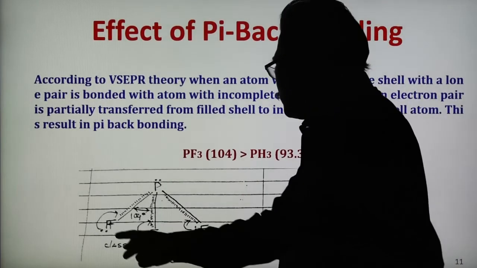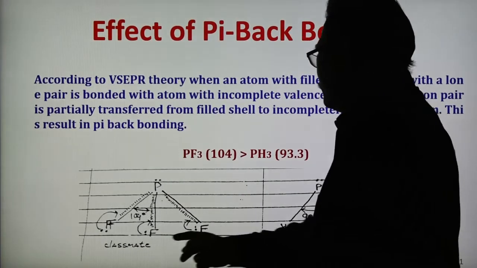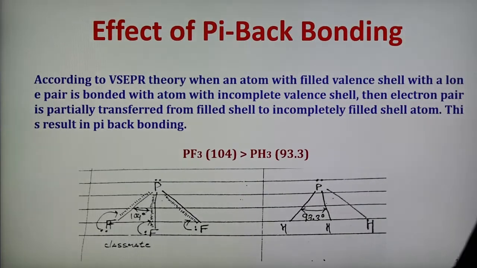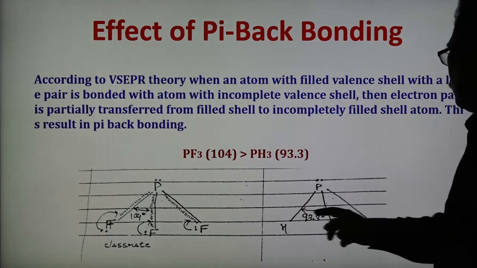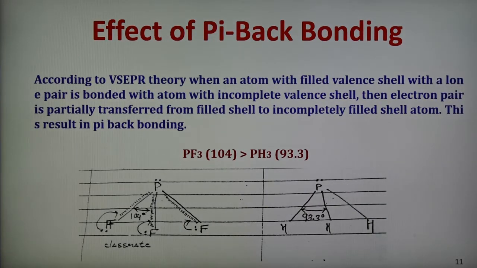So PF3 has this type of structure and the bond angle is 104. PH3 has a bond angle of 93.3 and one lone pair is on the phosphorus central atom. So the bond angle is less in case of PH3 and more in case of PF3.